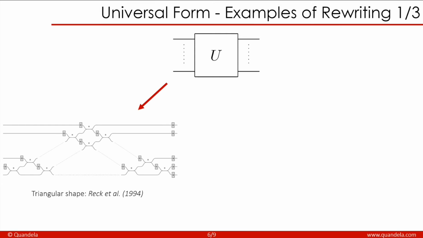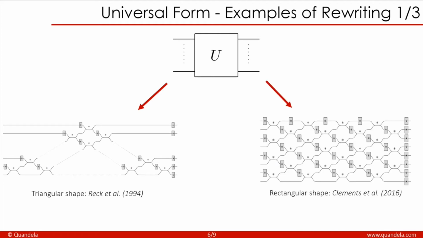So for any unitary, you can have a linear optical circuit with a triangular form that represents the process. A bit later, there was another result that showed that we can also have a rectangular shape for the same unitary. And it is a far better shape because it's more symmetric. The depth is shorter. And so basically you have less noise for the same number of components.